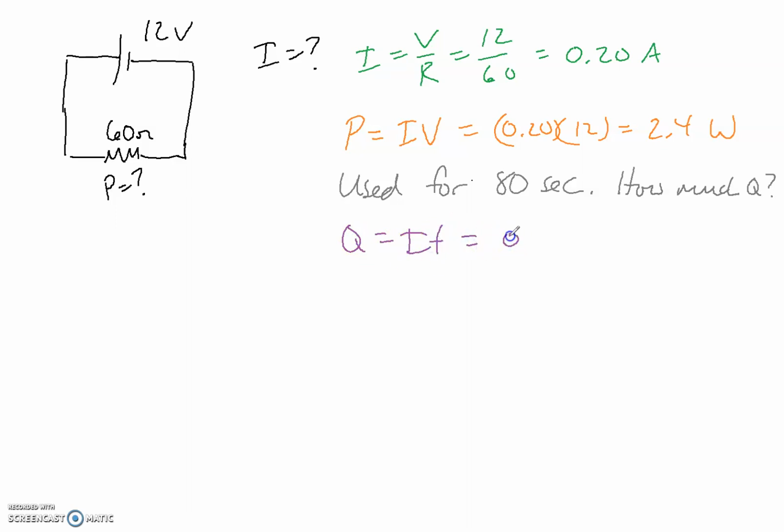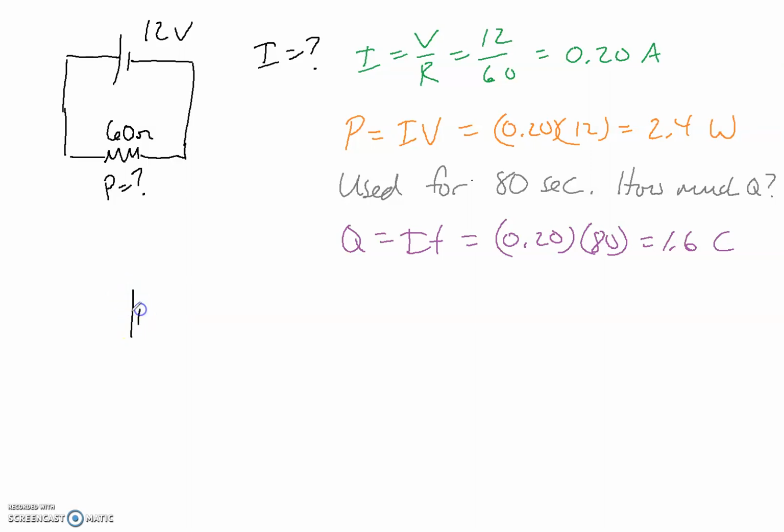We've got the current of 0.2 and the 80 seconds, so that would be 1.6 coulombs of charge used. You can even divide that by the charge of an electron and find out how many electrons were actually used. So it's all just using the basic little equations. It's relatively straightforward.